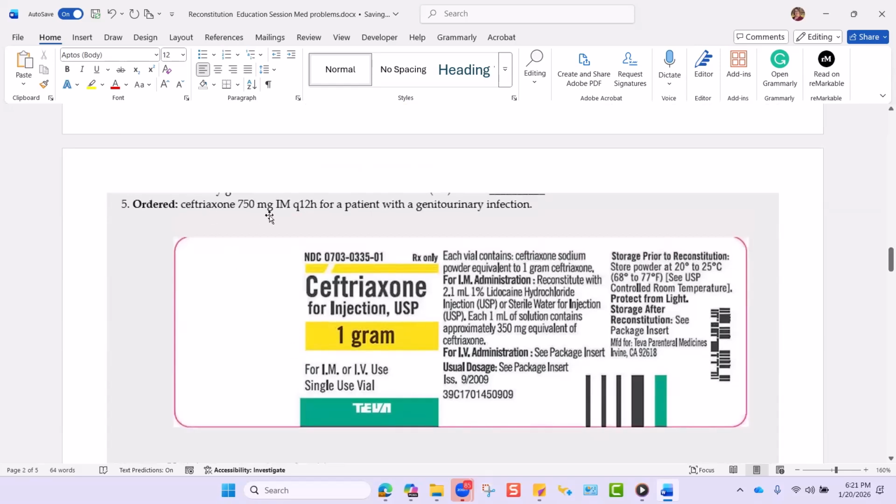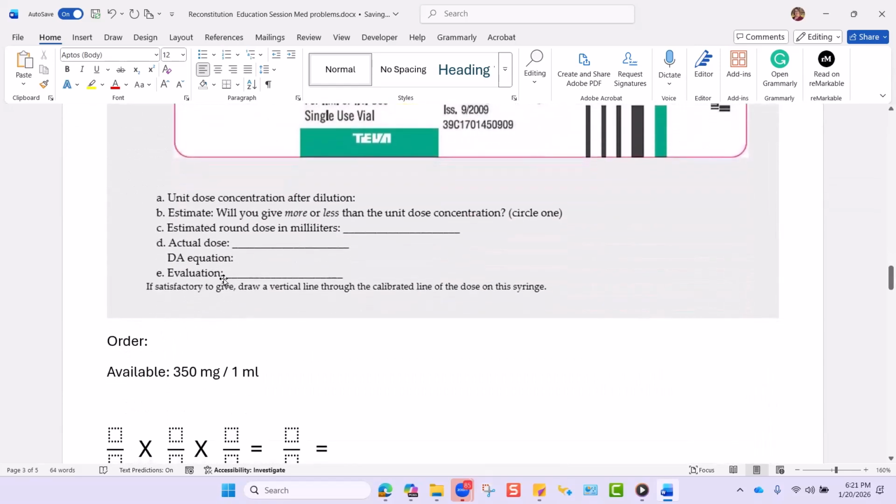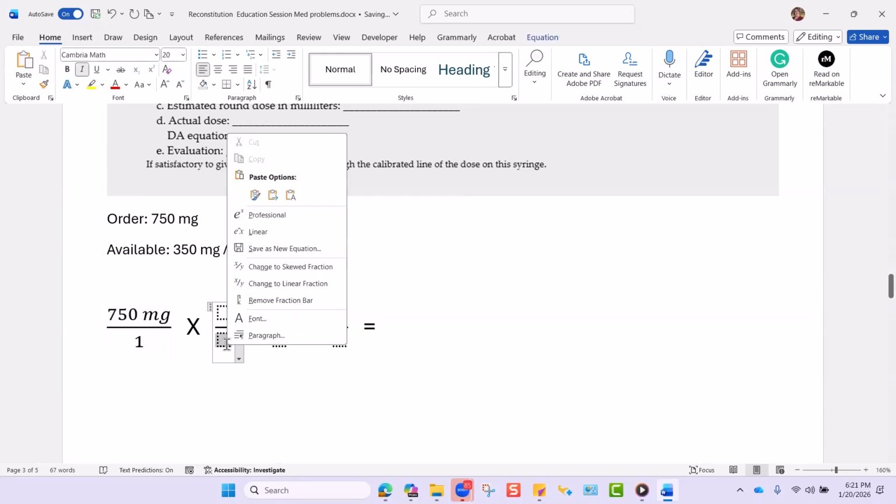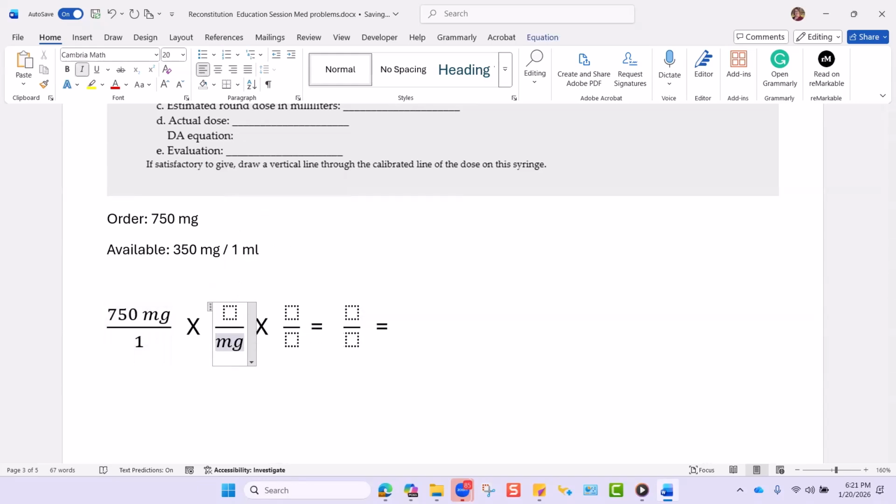I know my order is 750 milligrams. All right. I'm going to begin with the order. So it's 750 milligrams goes on the top. Invisible 1 on the bottom. If you know that a 1 belongs on the bottom, you don't need to worry about it. Okay, so that means milligrams must go on the bottom of the second problem, correct?